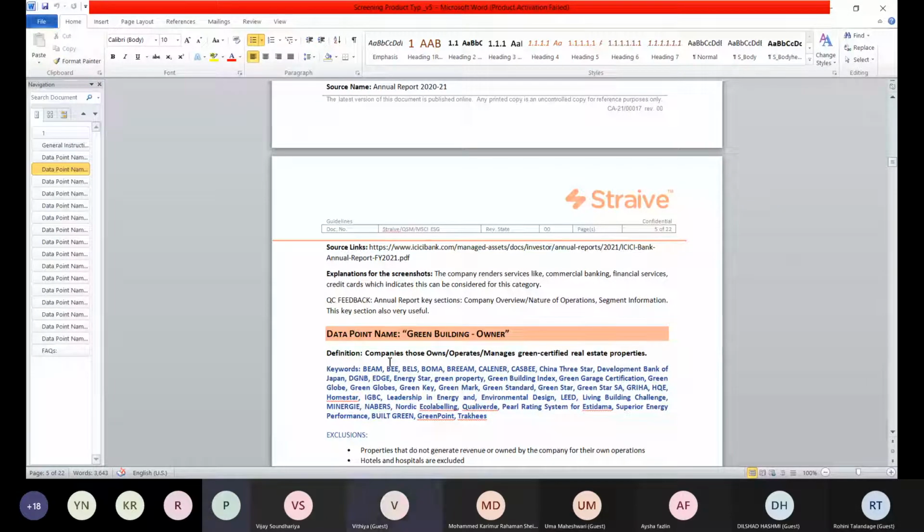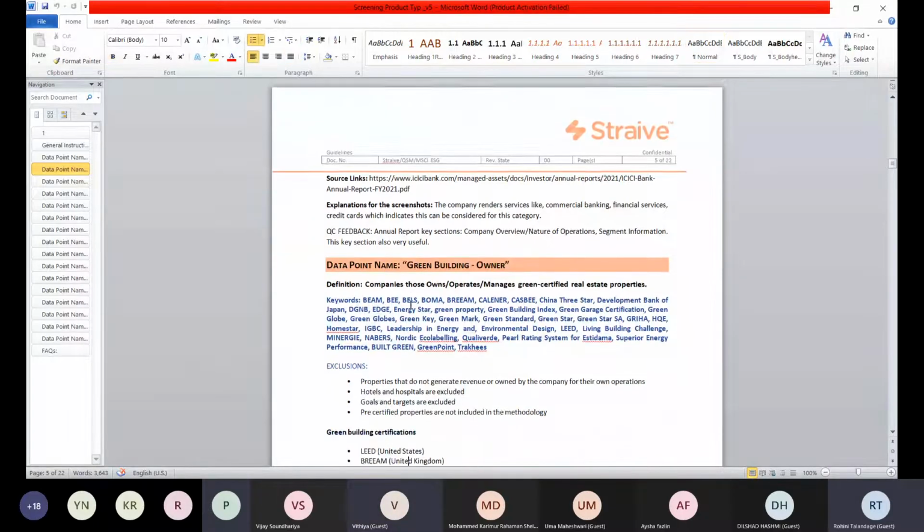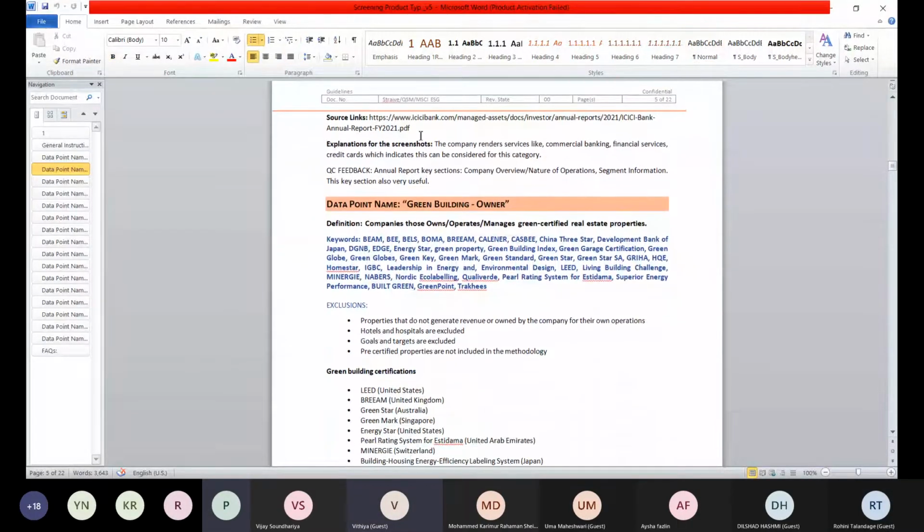Ma'am, actually, for me the second data point is not visible. The screen is visible, but it is still on the first data point screen only. I'm also looking for that. I'm unable to see your screen loading. Sometimes it's coming and sometimes it's going. Ma'am, can you zoom it?